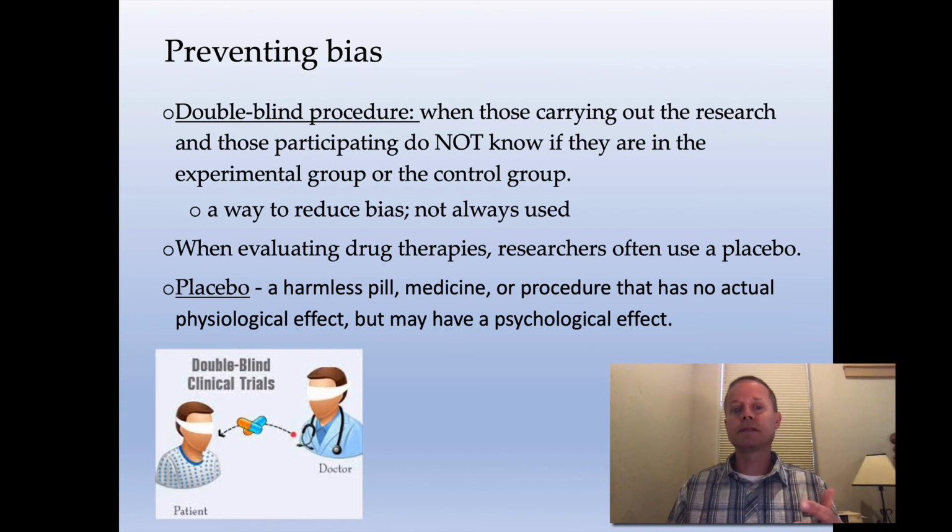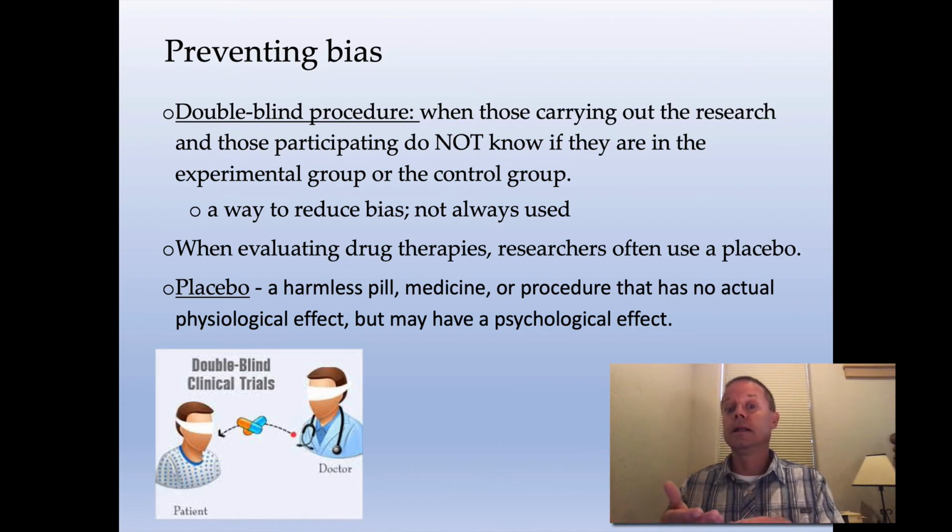It works especially well when you're evaluating drug therapies, like let's say there's a new drug to treat depression. So researchers would use something called a placebo. A placebo is a harmless pill. You would give it to people. They would think it's the antidepressant medication, but they wouldn't know maybe it's a placebo.